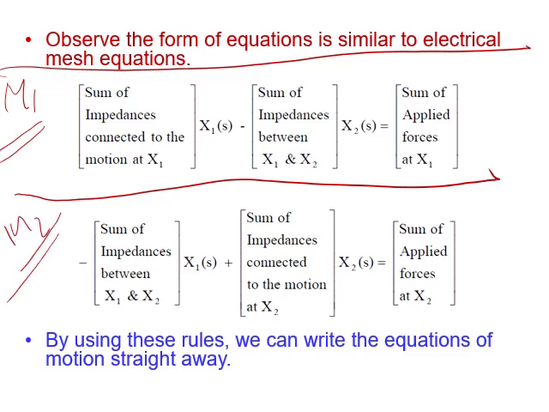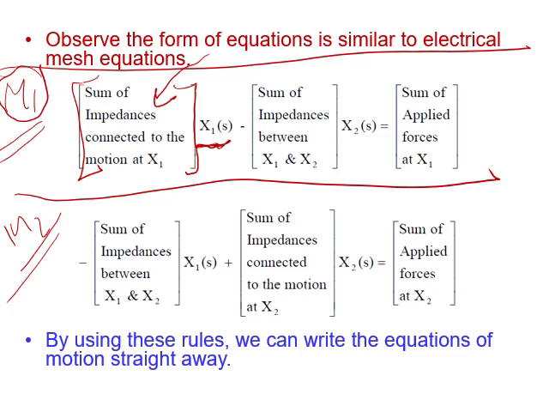At M1, we are going to get a bracket multiplied by x1 of s, where inside the bracket we get all the forces, or impedances, as we call them, linked to M1.